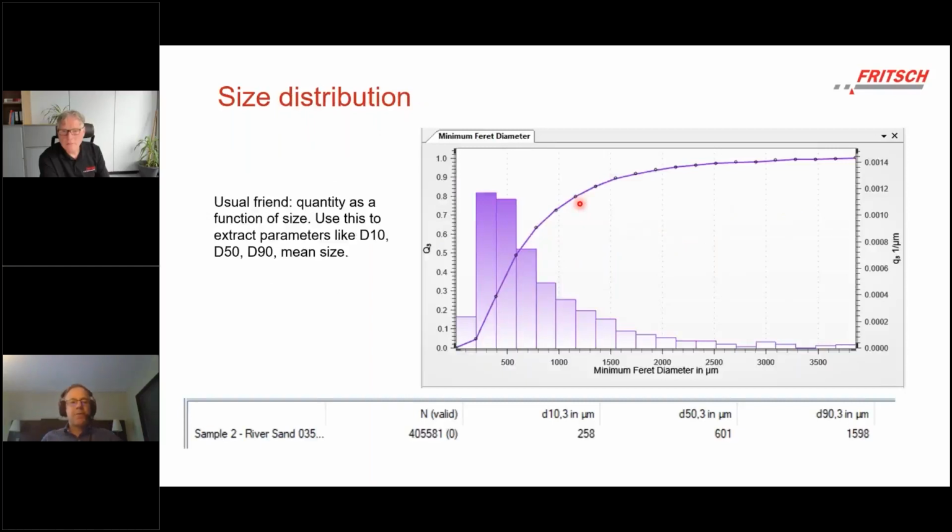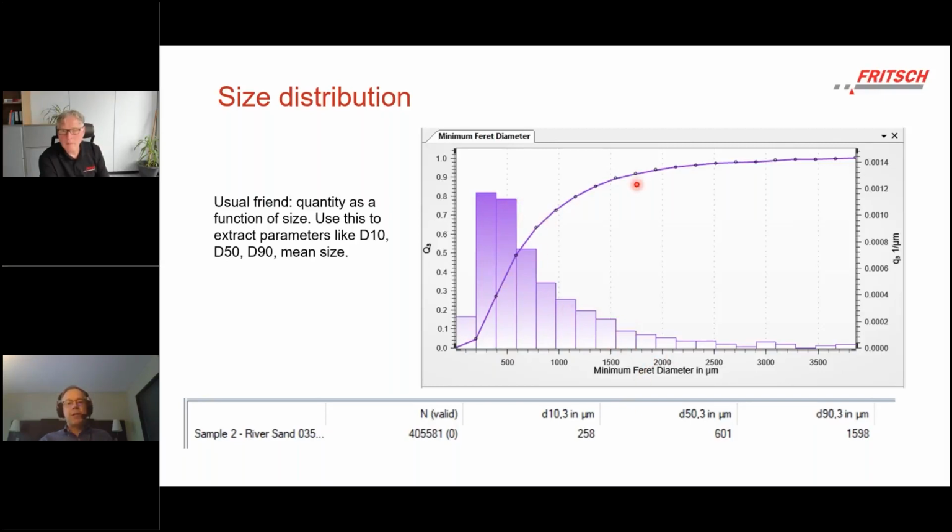A close-up of a size distribution. This is your usual friend in particle characterization. You have a quantity as a function of particle size across the bottom, and you'll have a differential across the left. In each bin, this tells me a relative amount of particles, say in that 400 to 600 micron range compared to the amount of particles in that, call it 1600 to 1800 micron size range.